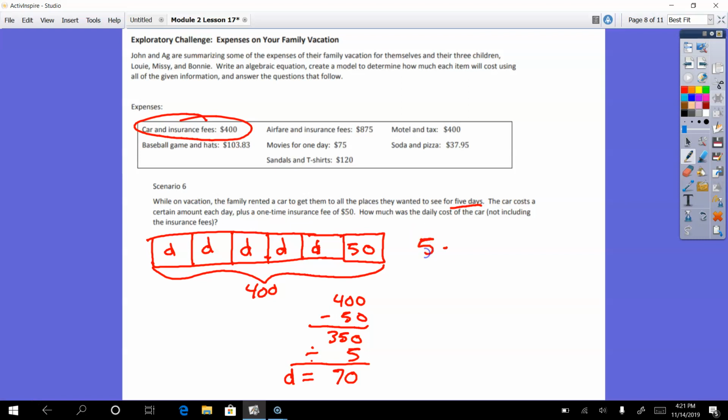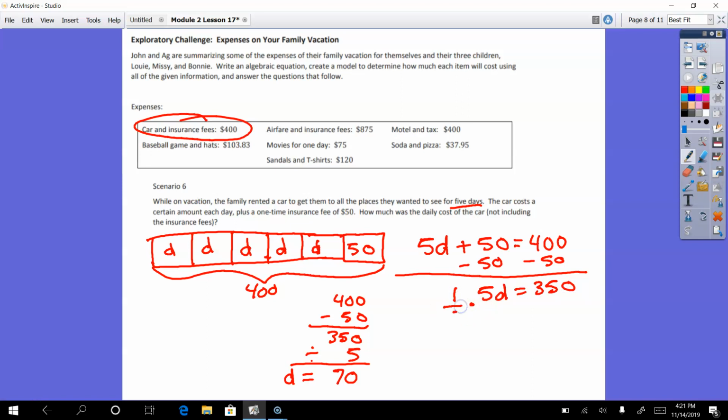So we have 5 days plus the $50 insurance gave me $400. So then we take away the 50. That additive inverse makes 0, so we're left with 5 days is equal to 350.